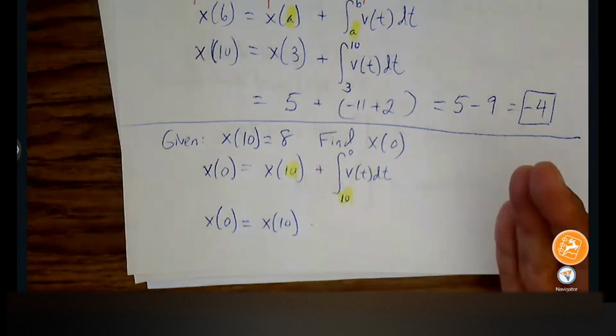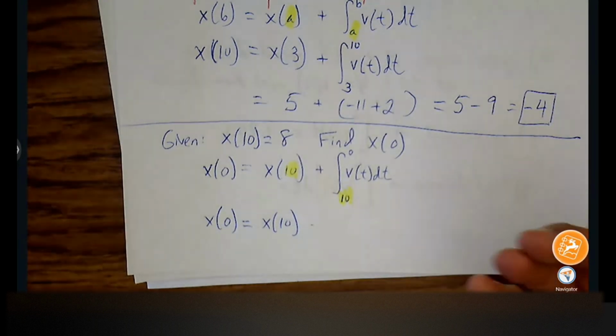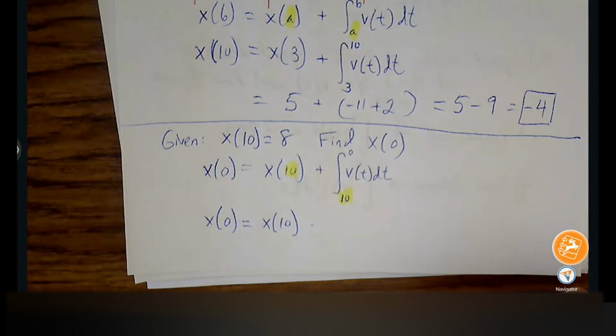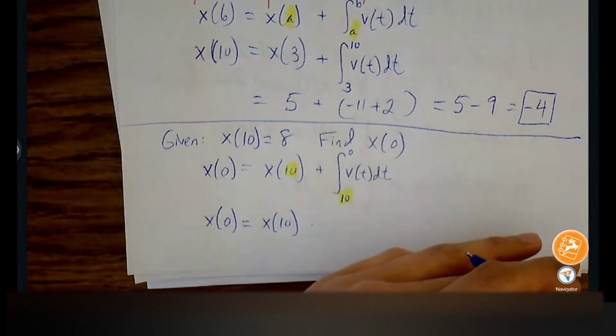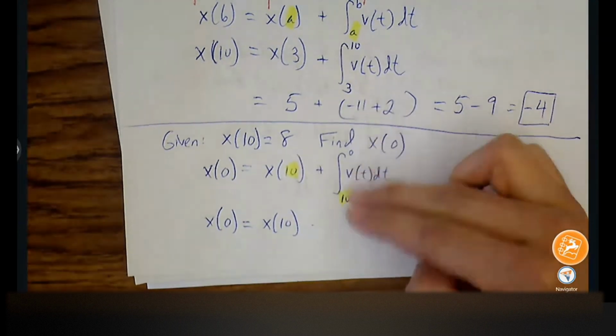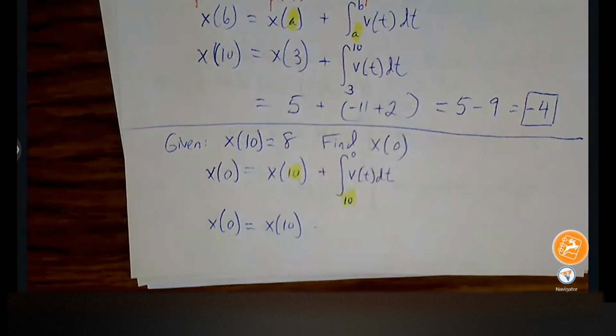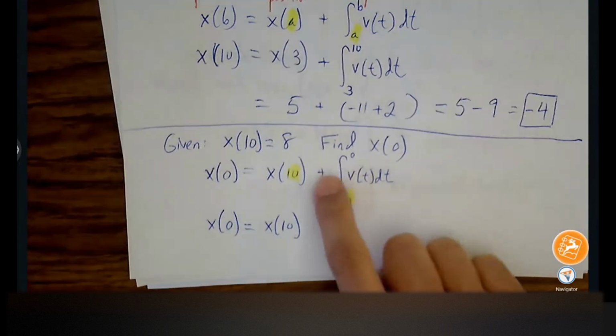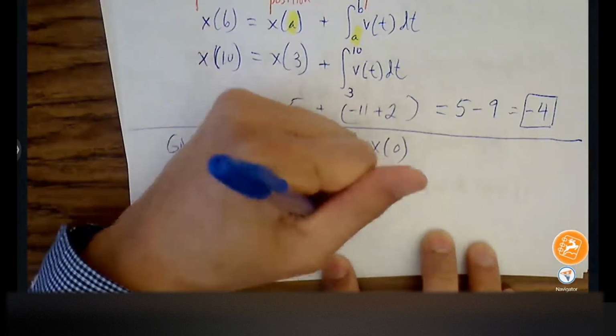And if I flip those bounds, what do I need to do to offset that change I'm making? Anytime I flip the bounds, what adjustment would I have to make? Make it negative. Yeah, change the sign.